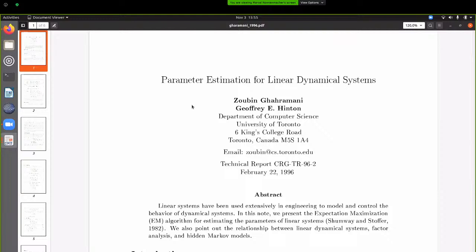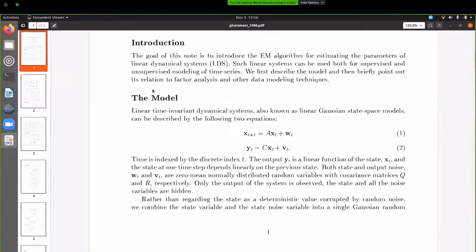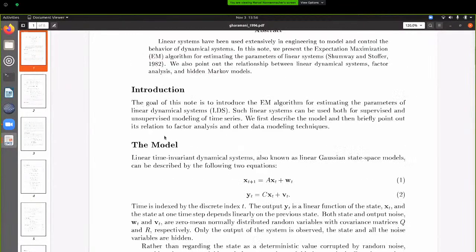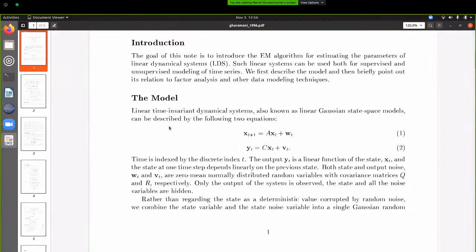And Zoubin Ghahramani is one of the leading scientists on integrating neural networks with probabilistic modeling. He does a lot on Bayesian neural networks and that kind of stuff. But in 1996, they were both sitting in Toronto, working together, and they were doing this kind of EM algorithm with a very similar setup as we will see on linear Gaussian models.